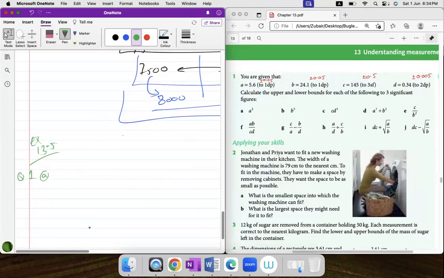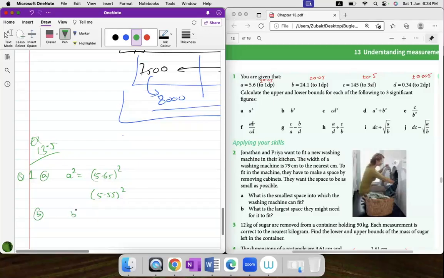Okay, so for a square, 5.65 squared and 5.55 squared is going to be upper and lower bound.